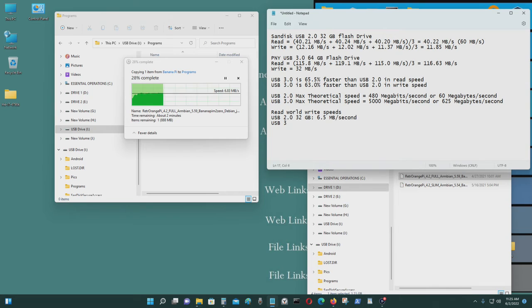USB 3.0, I was getting about 32 megabytes per second. So let's see what the differences are.